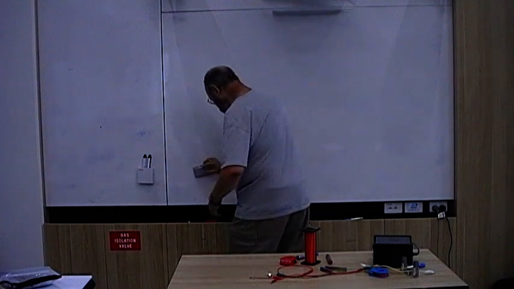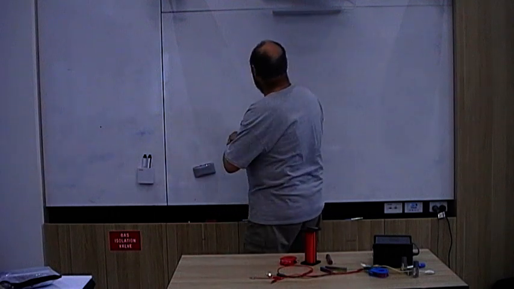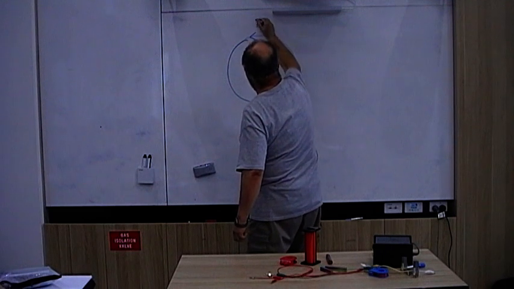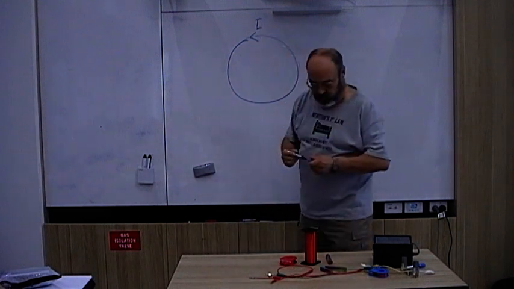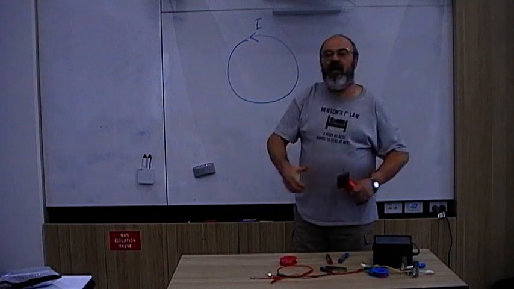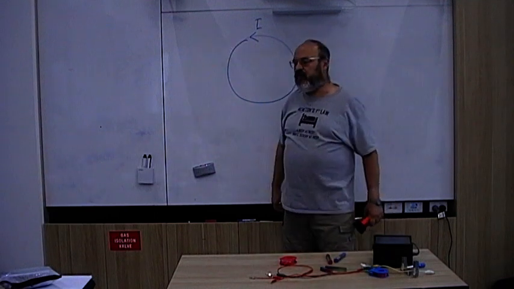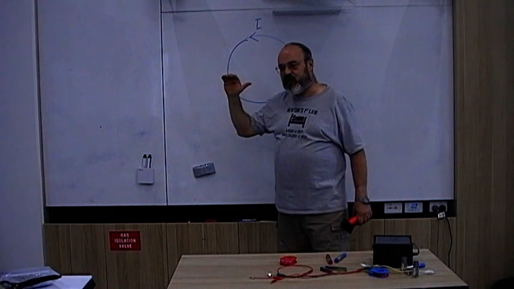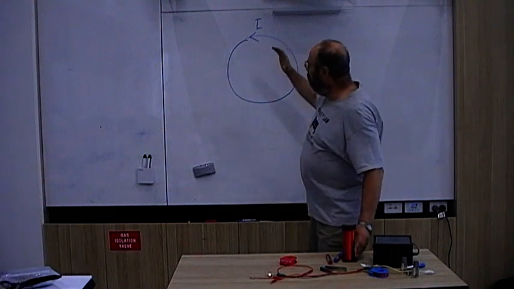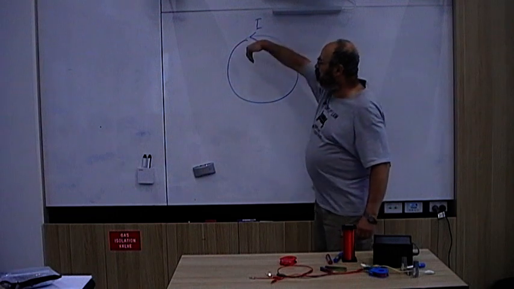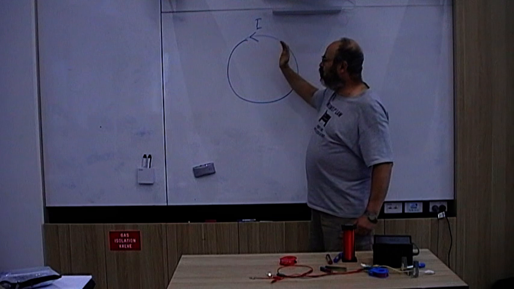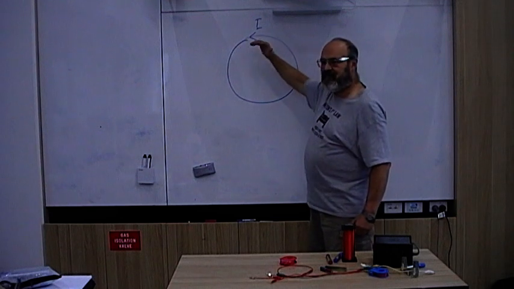So we have the same current, but we do it in reverse. Now my thumb gives the direction of the magnetic field, and my fingers give the direction of the current. So if the current is going this way, what is the direction of the magnetic field inside?